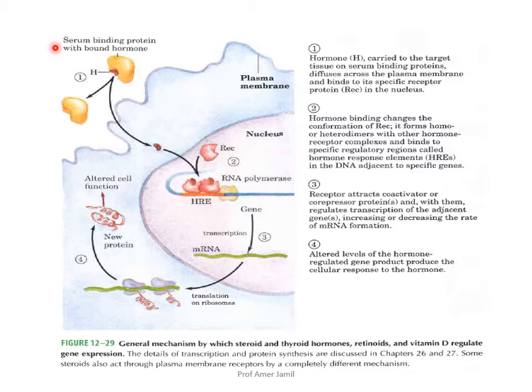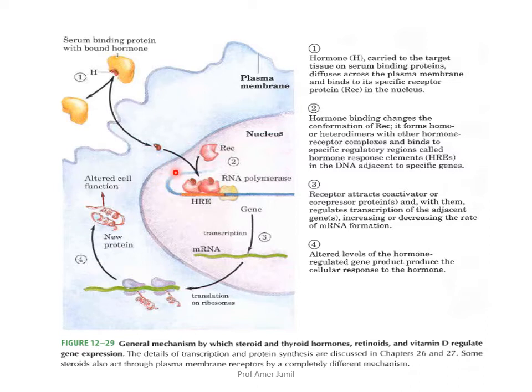There are serum binding proteins which bind these hormones where they are secreted, and they are carried in the blood to the destination place where the hormone is released. It crosses the plasma membrane, and then the nuclear membrane.